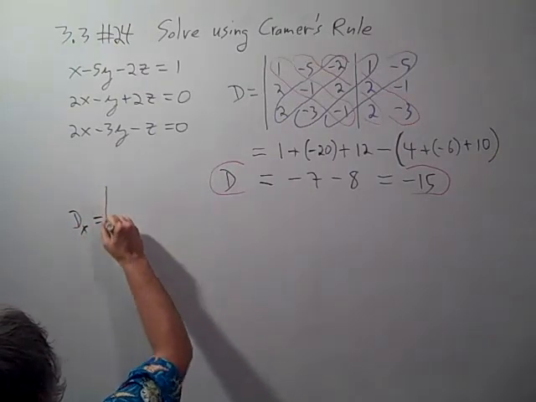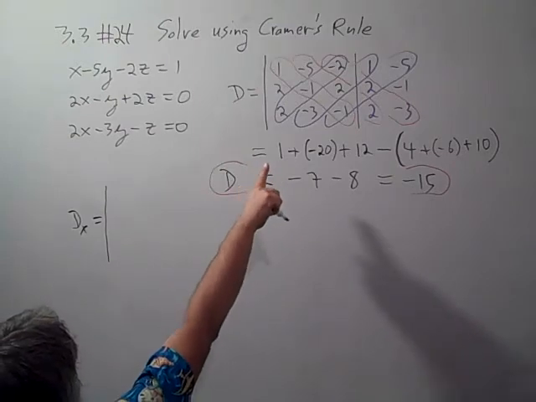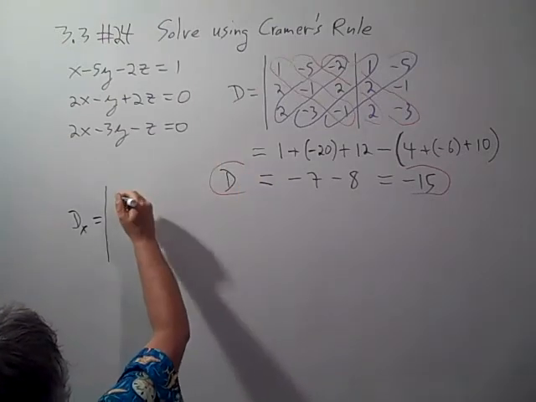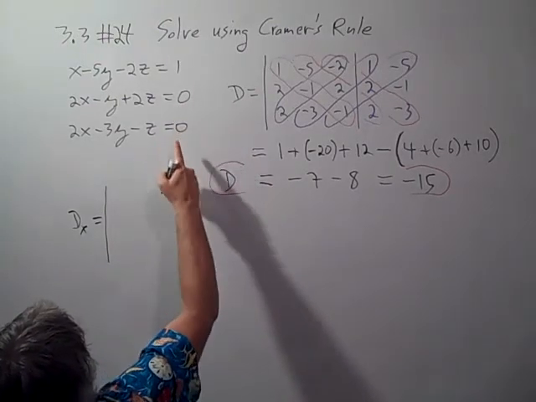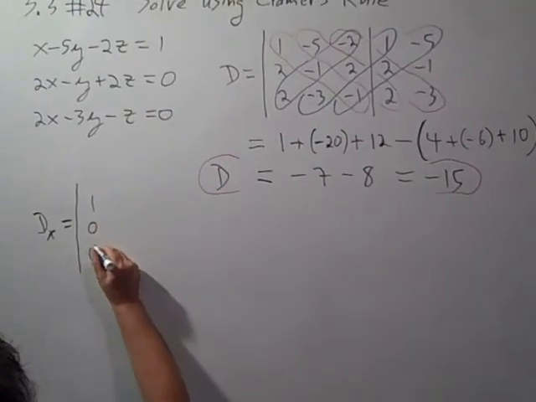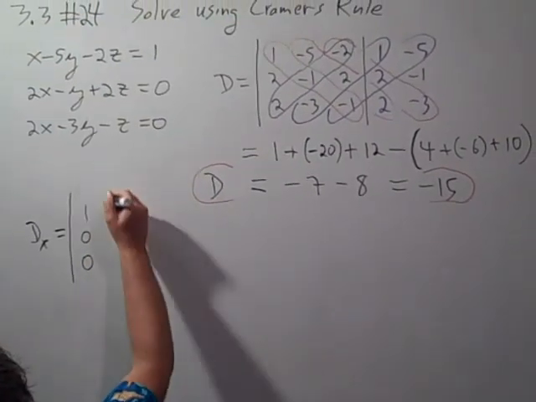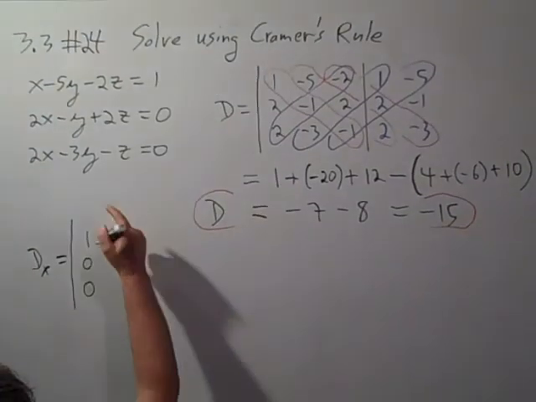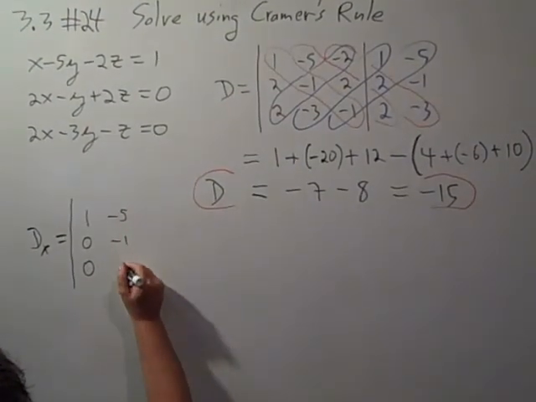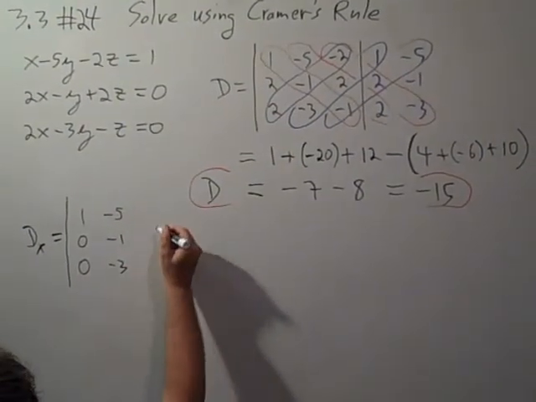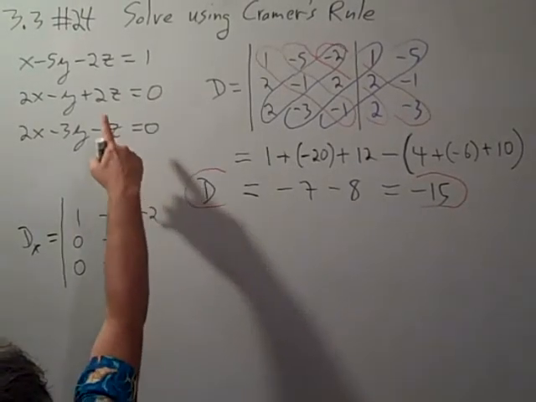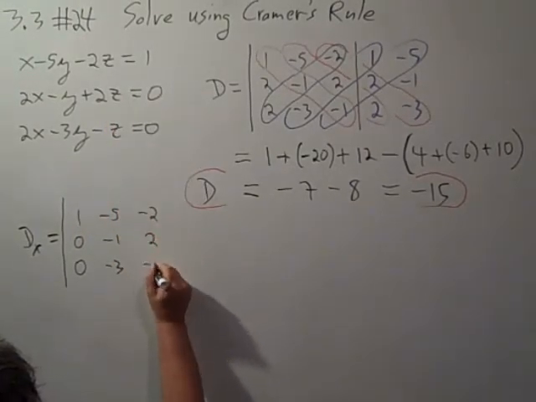With d sub x, it's the same as the original matrix that we started with, except the x column gets covered with 1, 0, 0. Now, the other 2 columns, the y column is the same as what it was, -5, -1, and -3. And the z column is the same as what it was, -2, 2, and -1.